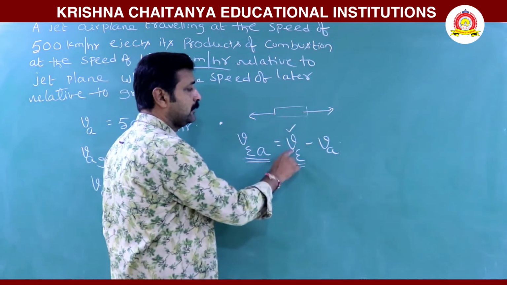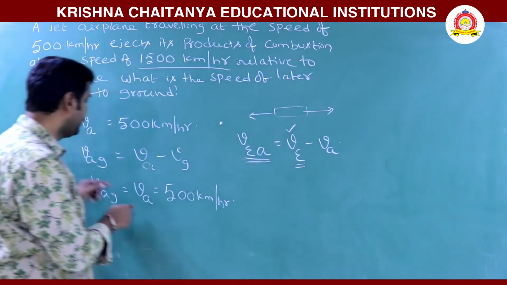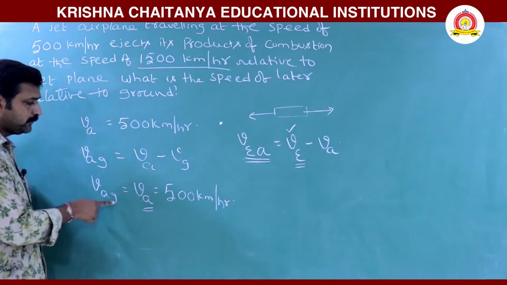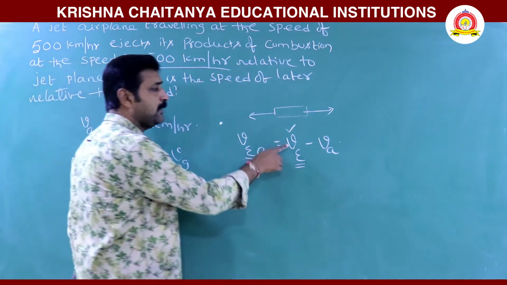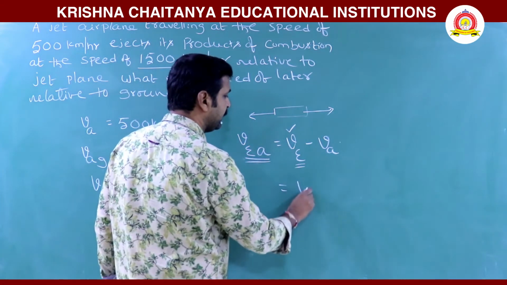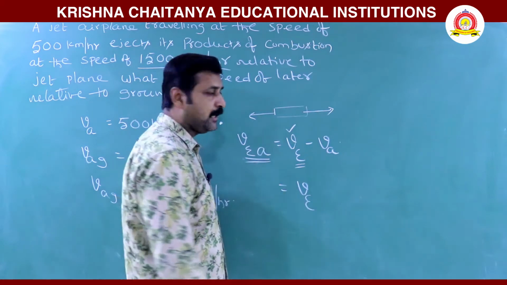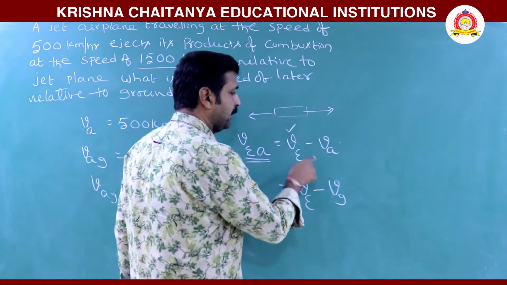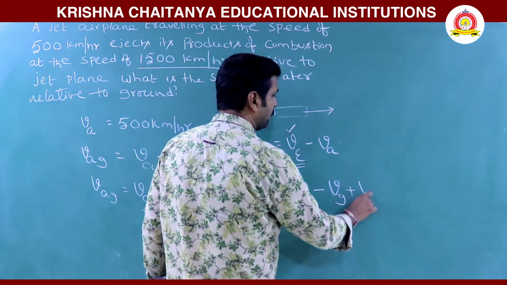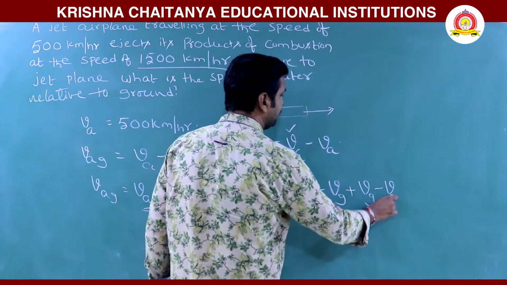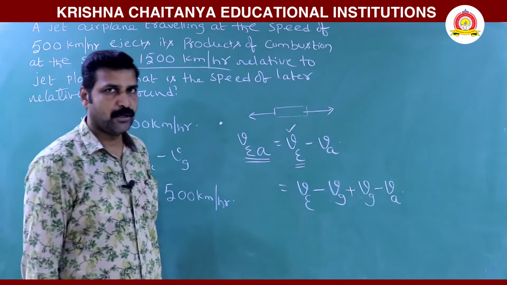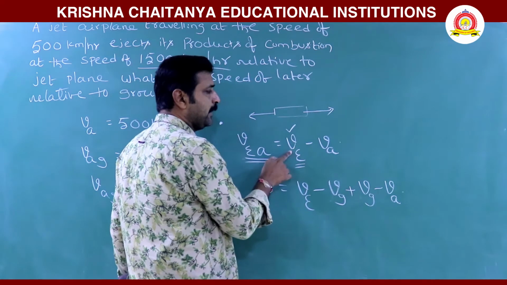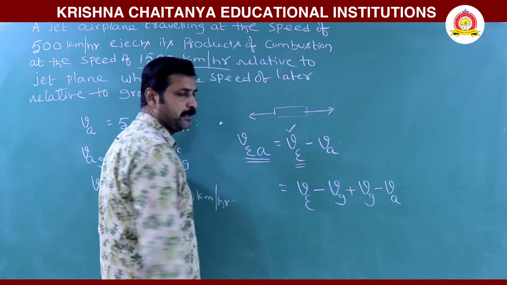If velocity of aeroplane alone means with respect to ground, similarly velocity of exhaust gases alone means velocity of exhaust gas minus velocity of ground. Here again we can write plus Vg minus Va. Now minus Vg plus Vg cancels, and you get velocity of exhaust minus velocity of aeroplane.